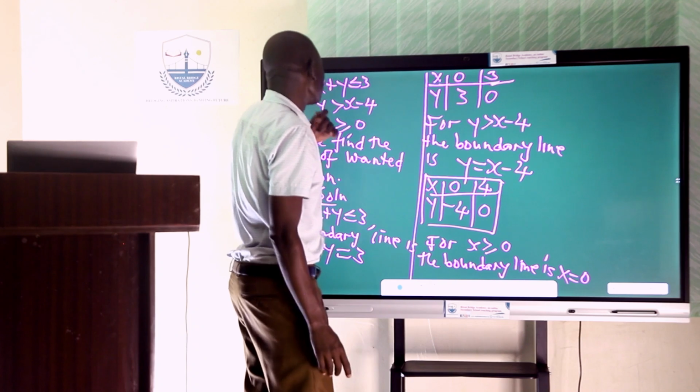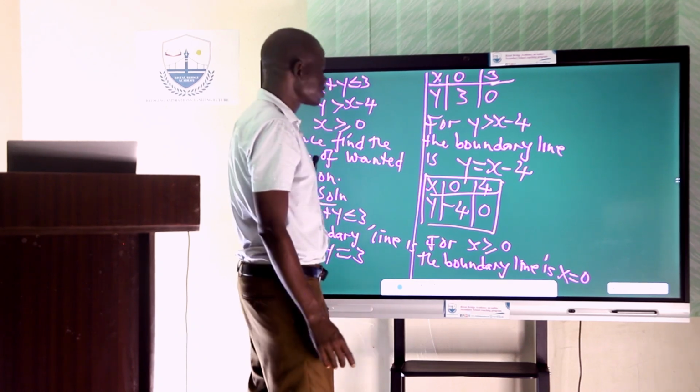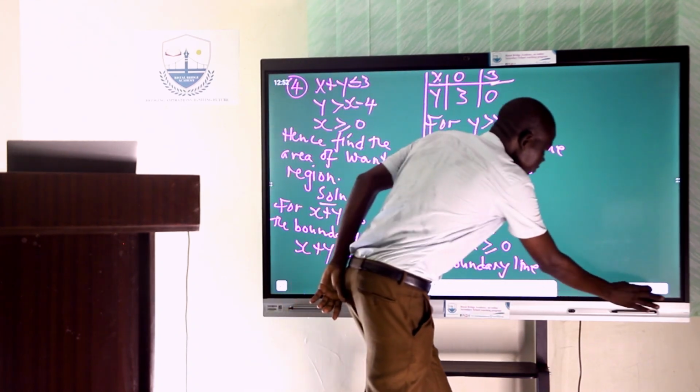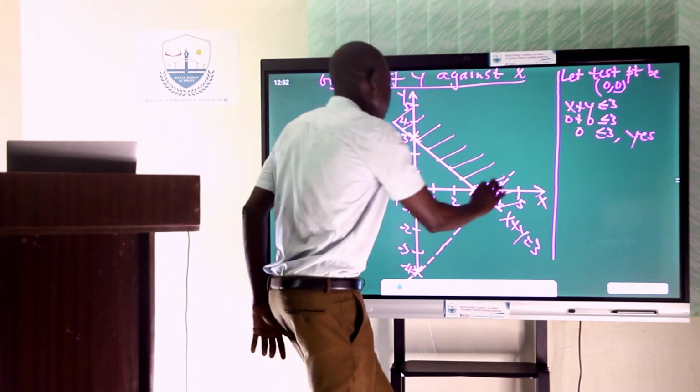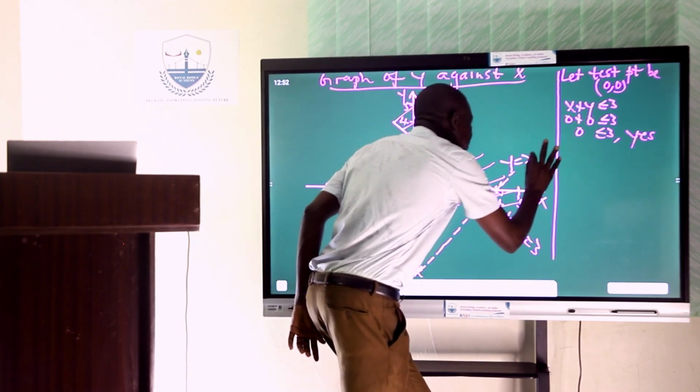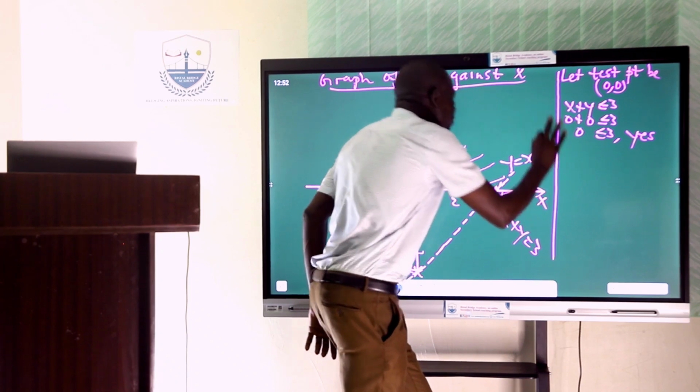We write the equation of the line, which is y is equal to x minus 4.